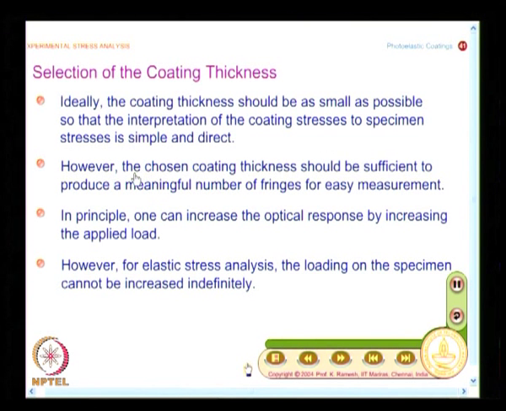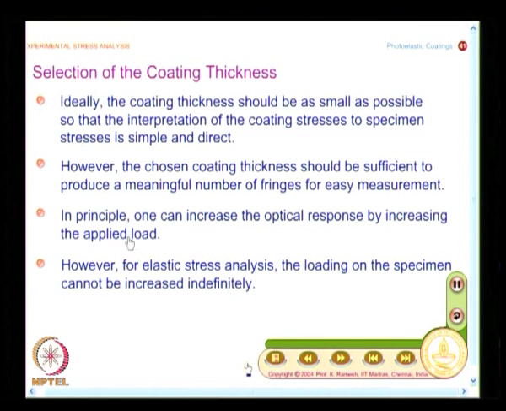We also want the chosen coating thickness to be sufficient to produce a meaningful number of fringes for easy measurement. And we have seen in transmission photoelasticity, by increasing the model thickness, I can increase the number of fringes. The same philosophy also applies here.